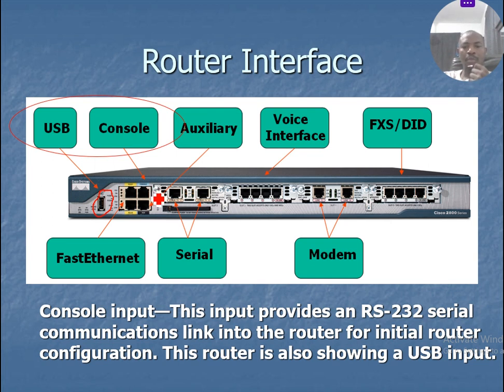This is where we establish the RS232 serial communication link. So this input provides the RS232 serial communication link into the router for the initial router configuration. So when we are doing the initial router configuration, this is where we input this serial cable.